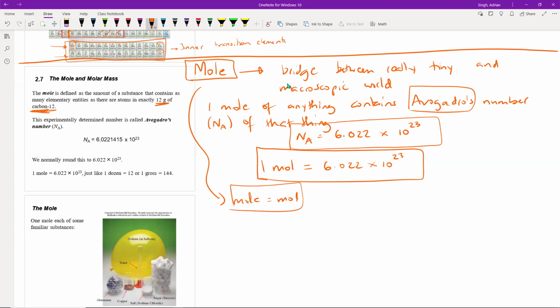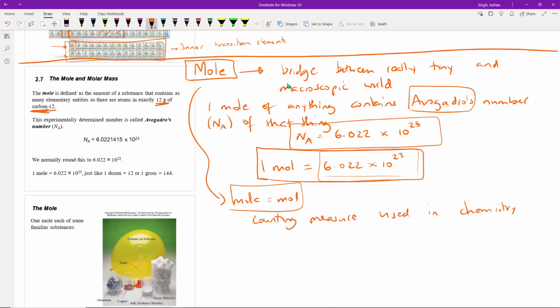You think about it, the mole is really just a counting measure that we use. Just like if you have a dozen of something, that means you always have 12 of that thing. You have a pair of shoes, you have 2 shoes. If you have a mole of shoes, you have this many shoes.